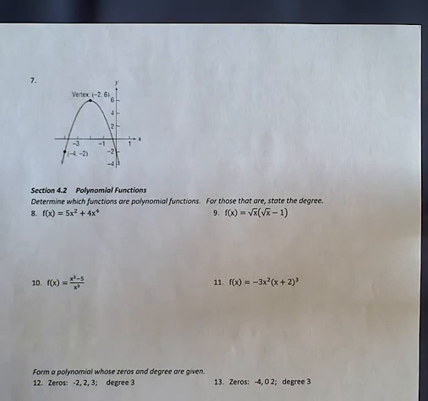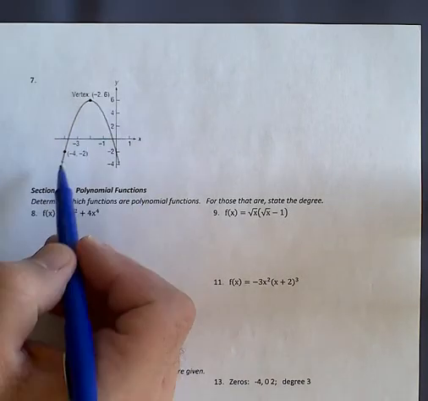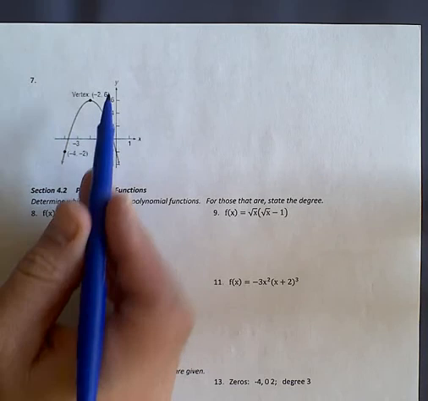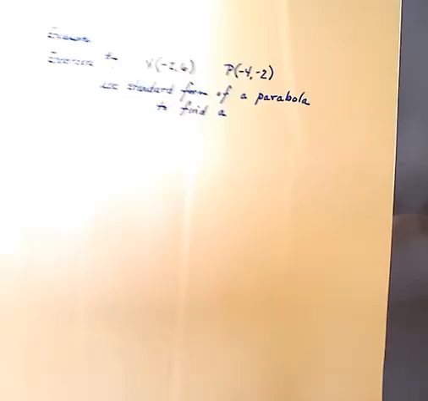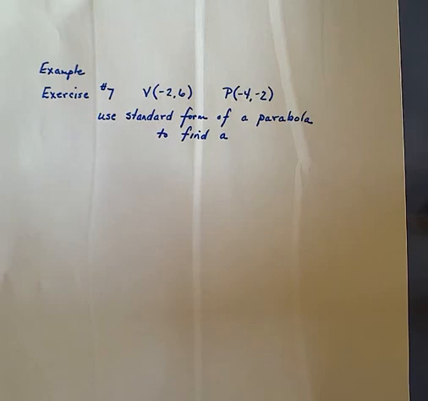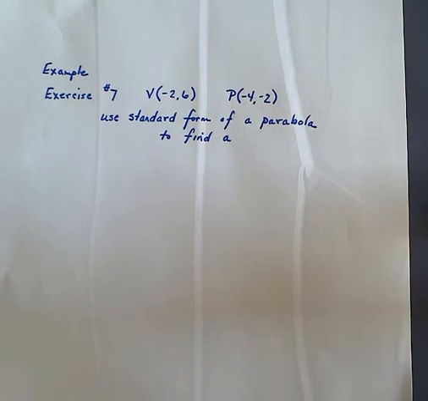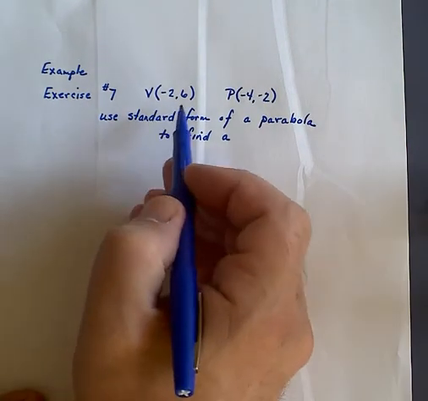So I've got the vertex and I've got the point given. You need those 2 pieces. Okay, and I've got those written out on another piece of paper here because I need a little bit of room to do my work. So here's my vertex, here's my point.